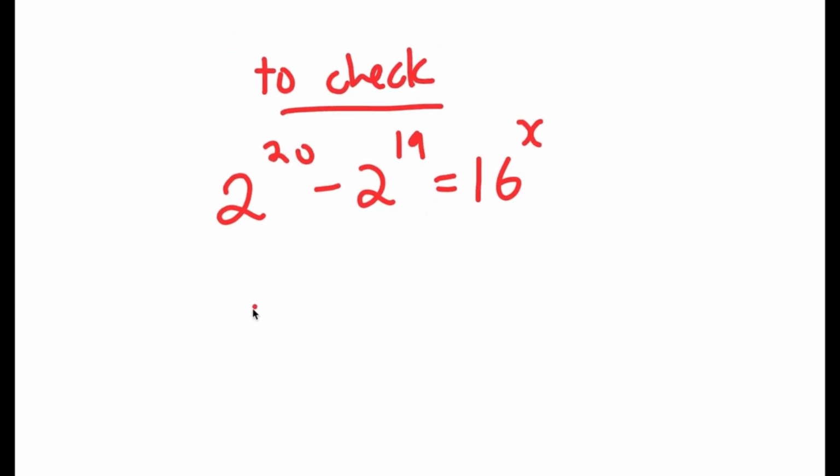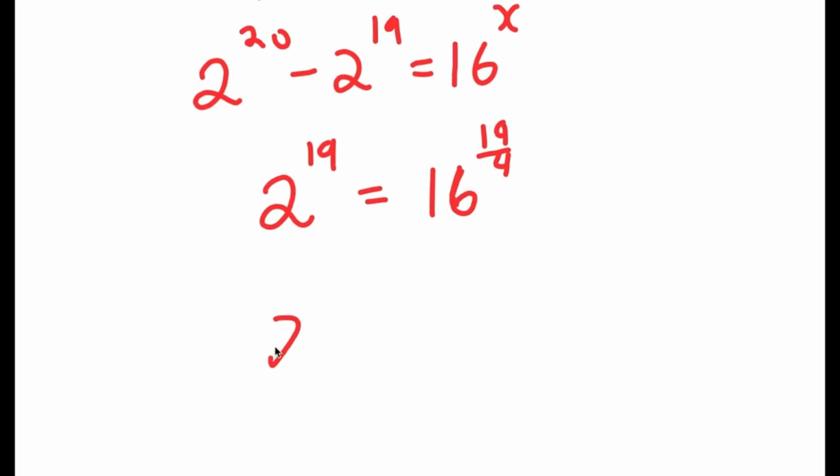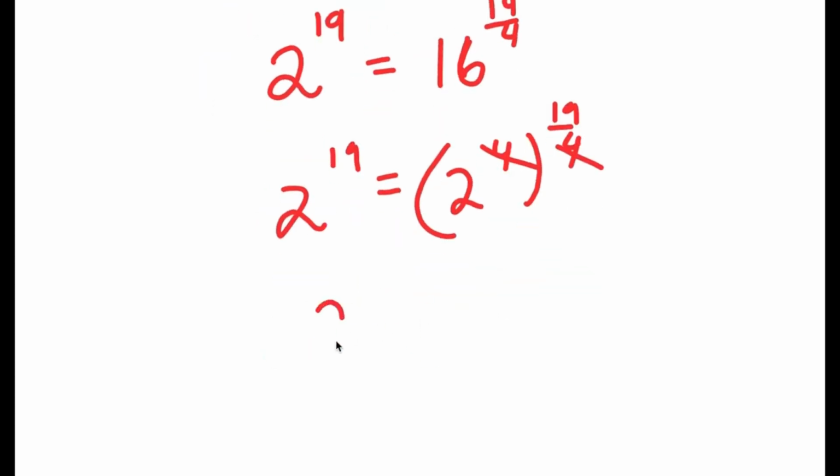Now, 2 to the power of 20 minus 2 to the power of 19, we already know that's 2 to the power of 19. So we get 2 to the power of 19 is equal to 16 to the power of 19 over 4. Now 16 is the same thing as 2 to the power of 4, so now I have 2 to the power of 4 to the power of 19 over 4, and these two 4's cancel out, so I get 2 to the power of 19 is equal to 2 to the power of 19.